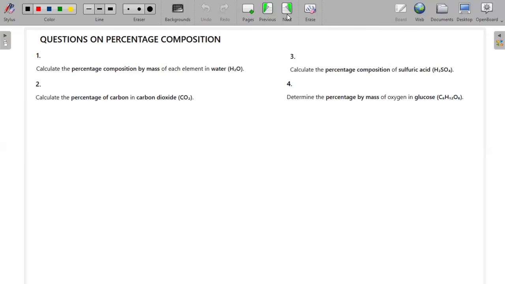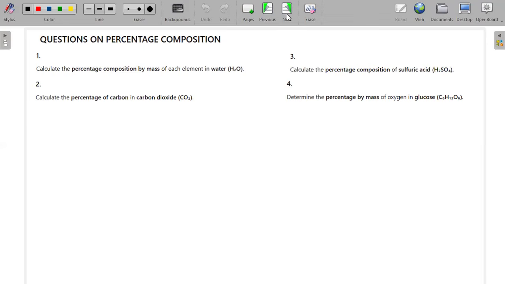Now when it comes to chemistry, when we're finding the percentage composition, we're simply finding how much of an element is in a certain compound.